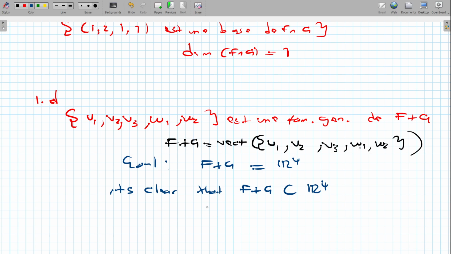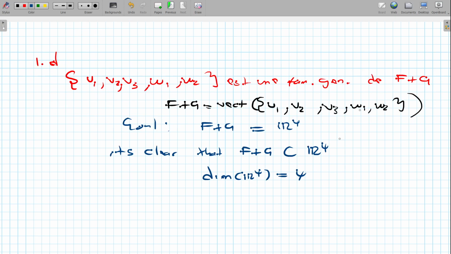The dimension of R4 is 4. Let's look at the dimension of F plus G. To do that, we have to use the formule de Grassmann, which gives us this relation.